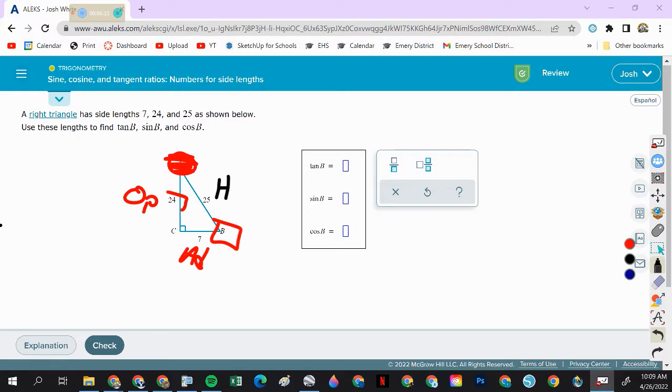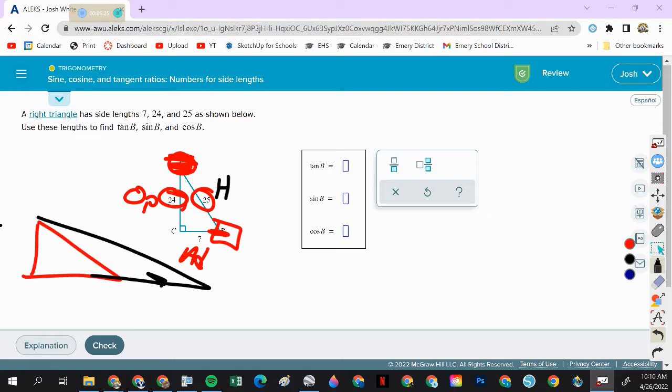So we need to come up with a way to match angles with sides. So if I have a right triangle, and let's say I stretch it this way, as this angle gets smaller, this side gets larger, and this side gets larger.